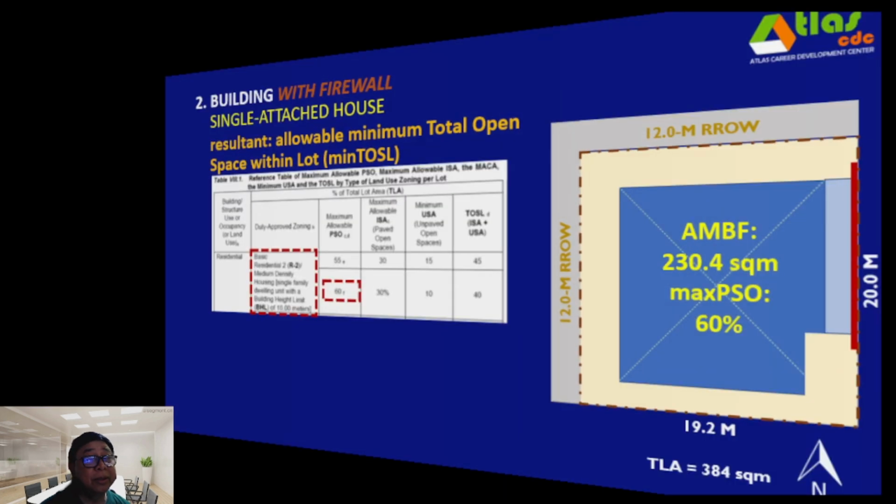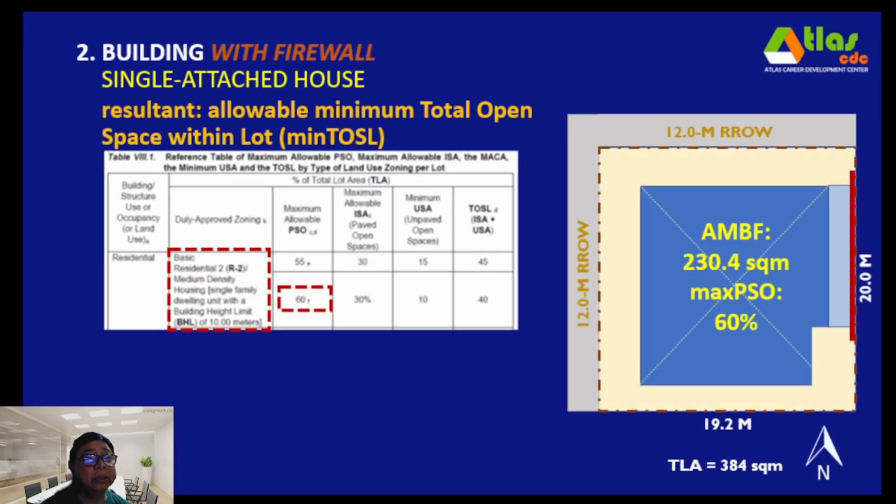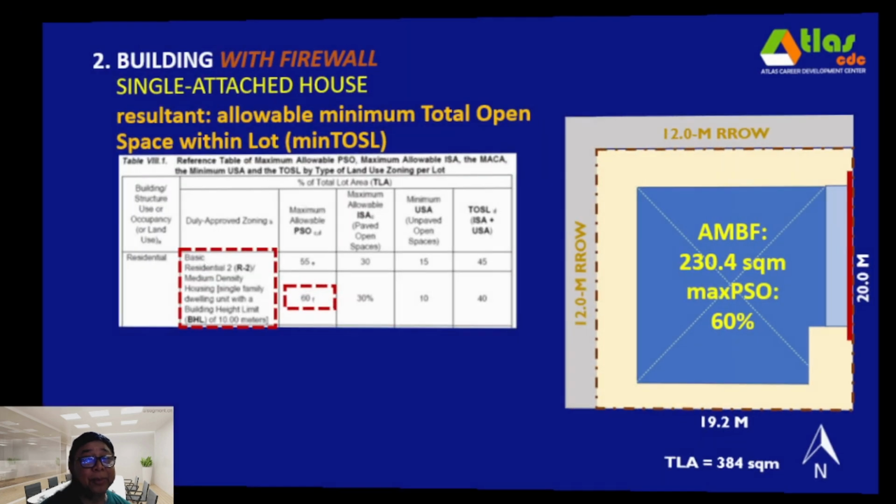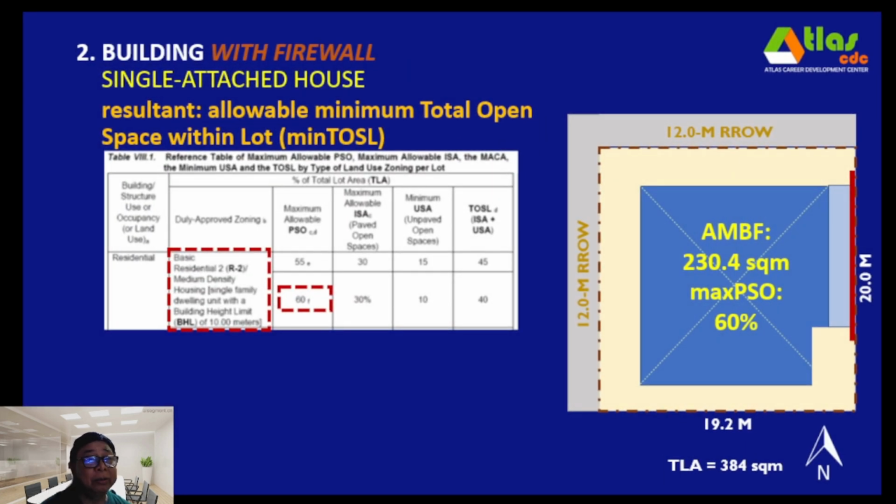But then again, this value of the minimum TOSL corresponds to the value of the minimum TOSL here in table 8.1, because this is our most stringent maximum PSO, 60%.